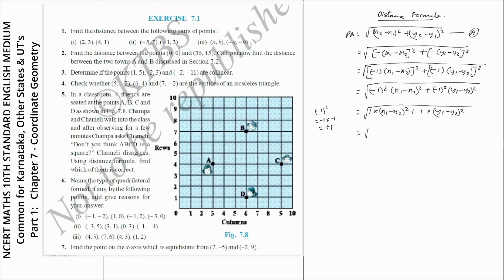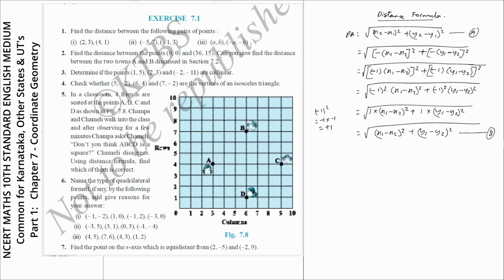Now ultimately I will get square root of x1 minus x2 the whole square plus y1 minus y2 the whole square. So this I will mark as equation B.